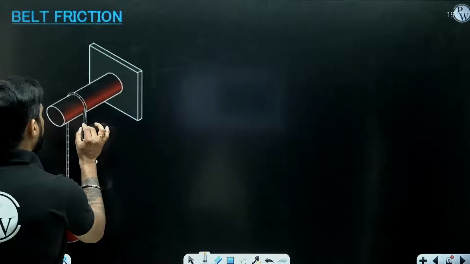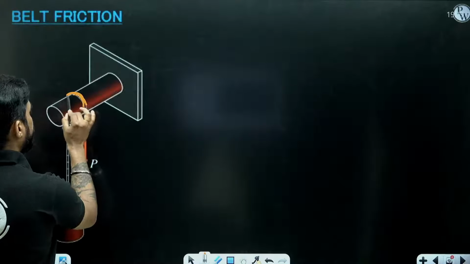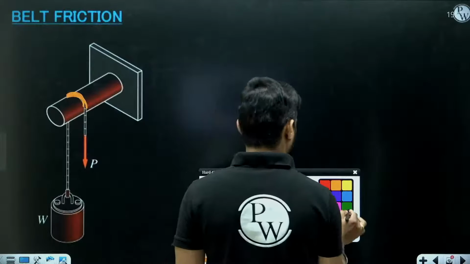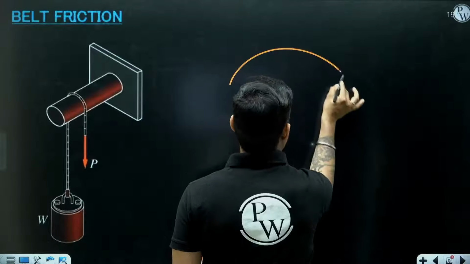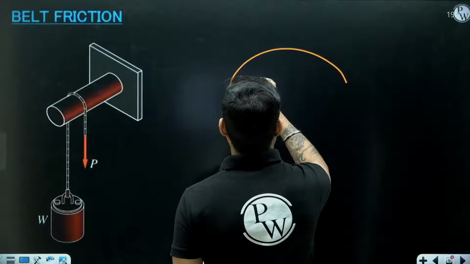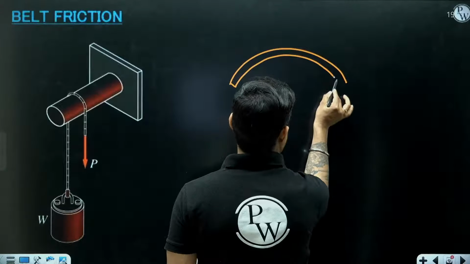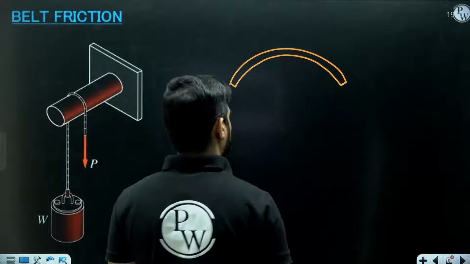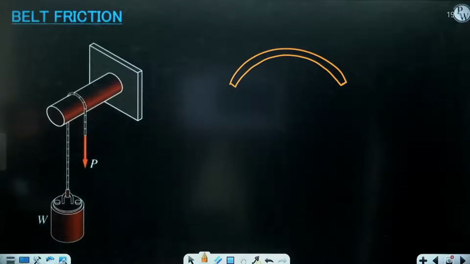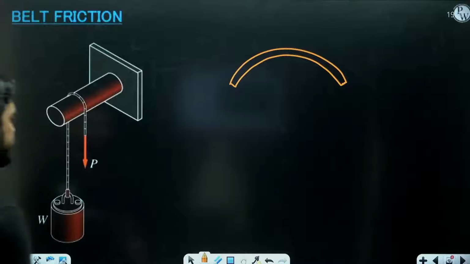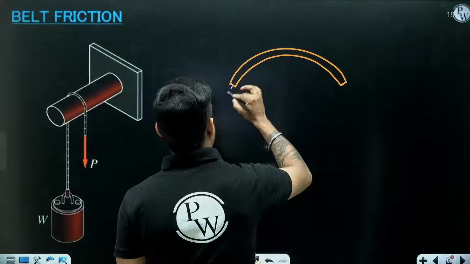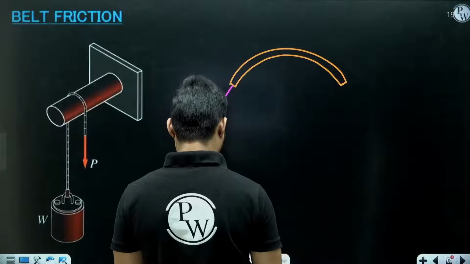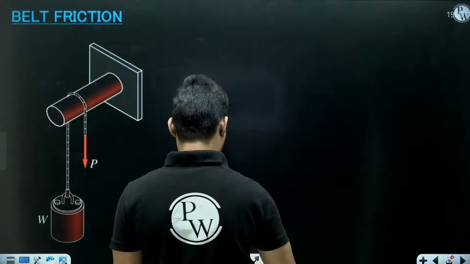Now, why is the tension on both sides different? Let me draw a small part of this rope. So this rope looks like this. Let me make a bigger picture for you.